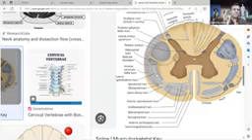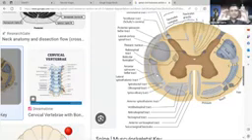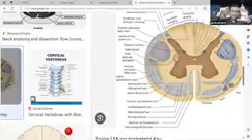The spinal cord is nothing but a continuation of the medulla, which is part of the brain. This is called the brain stem. Brain stem means the root of the brain. The brain stem is divided into three parts: midbrain, pons, and medulla.